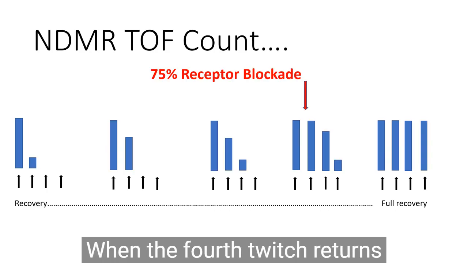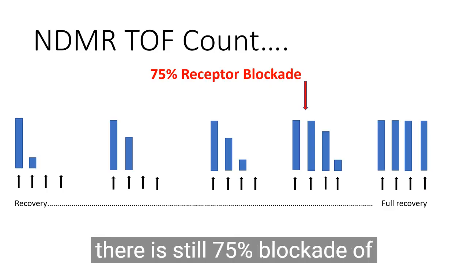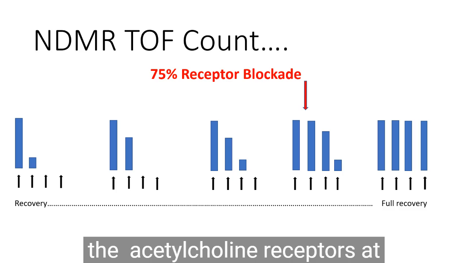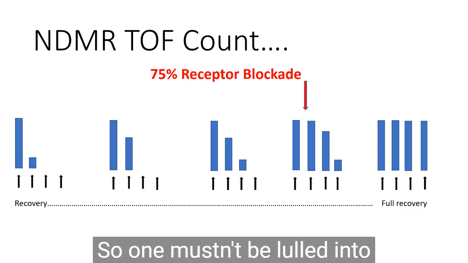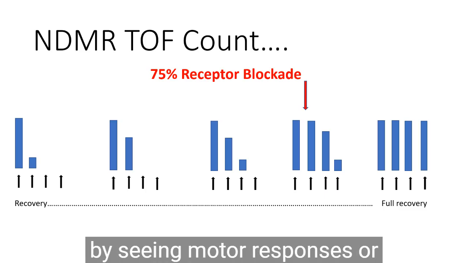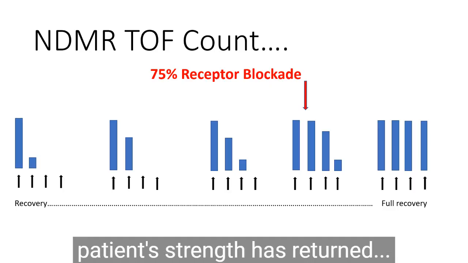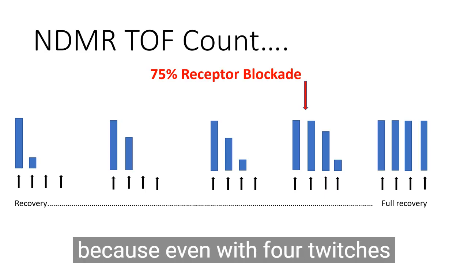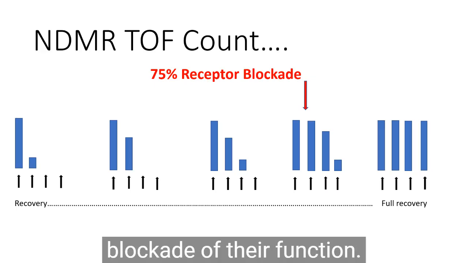When the fourth twitch returns on the train of 4 count, there is still 75% blockade of the acetylcholine receptors at the neuromuscular junction. So one mustn't be lulled into a false sense of security that by seeing motor responses or twitches on a train of 4 counts, the patient's strength has returned. Because even with 4 twitches present, they still have 75% blockade of their function.